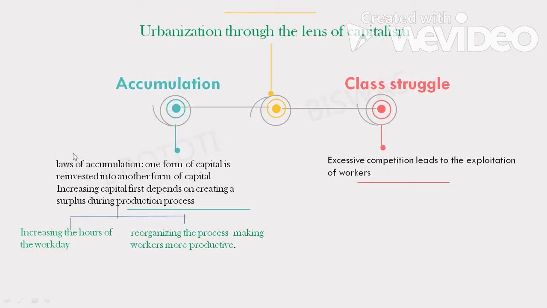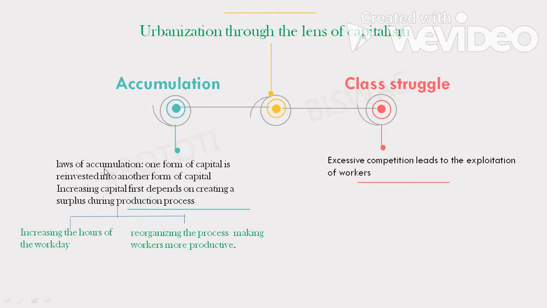Harvey explains this through the law of accumulation. What does the law of accumulation say? It says that one form of capital is reinvested into another form of capital, which allows the capitalist to accumulate more capital.